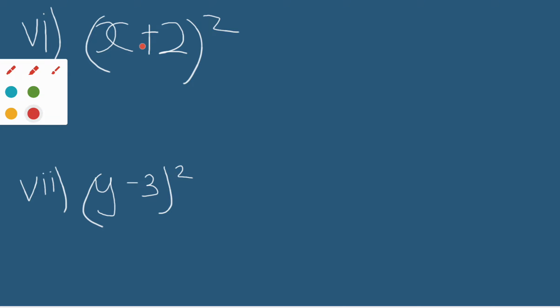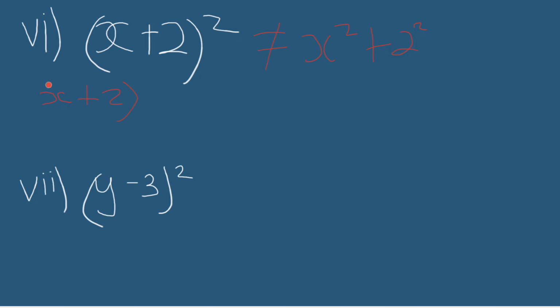Okay, so this does not equal x squared plus 2 squared. Never make that mistake. Every time you see brackets and a squared, I advise you to write it out fully. So this becomes x plus 2 times x plus 2, right?